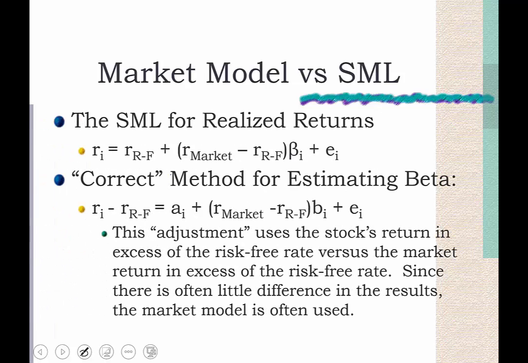The correct estimate would be to subtract the risk-free rate basically from both sides, so that you'd really actually want to set the intercept equal to 0 if you were really doing it, according to the capital asset pricing model, or the SML. This adjustment uses the stock's return in excess of the risk-free rate. Very little difference in the results. It's really just different by a constant, so we almost always use the market model.